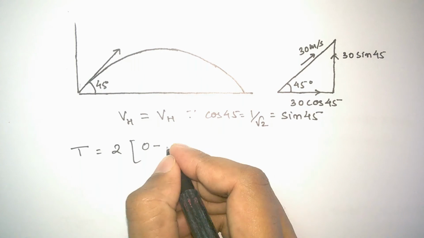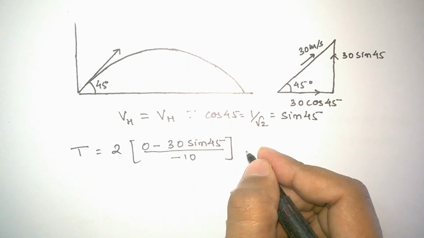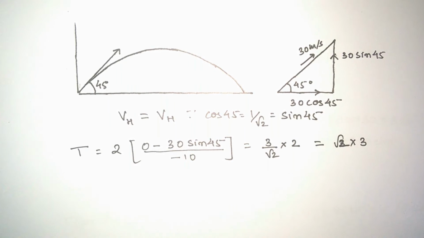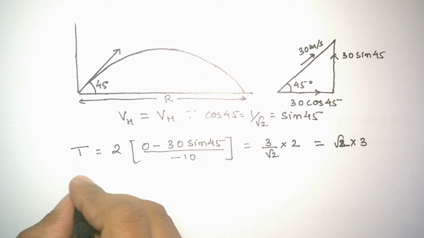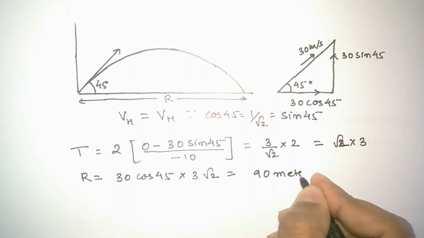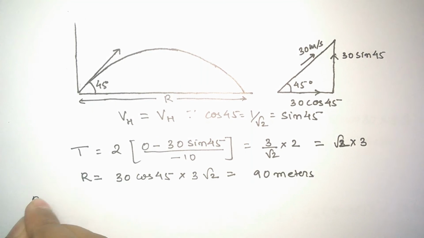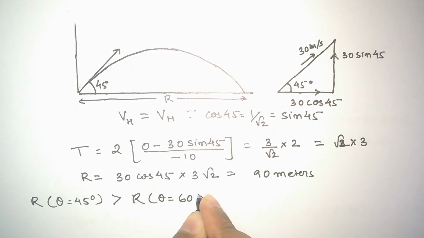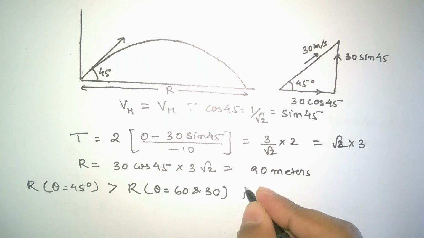And again we can calculate the time of flight as we did in previous cases, and then multiplying that time of flight with the horizontal velocity will give us the horizontal range. Now this time we have a value of horizontal range higher than both of the previous cases for the same launching velocity.